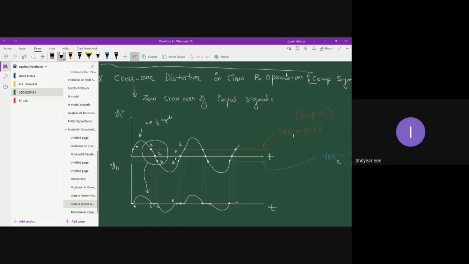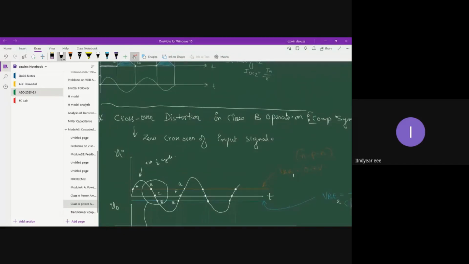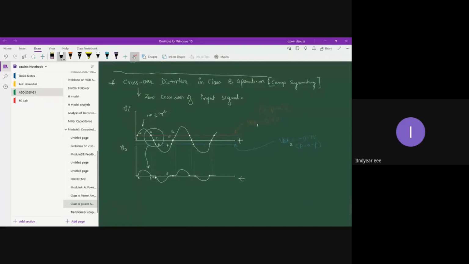So your actual output waveform will not be a pure sinusoidal waveform in case of class B complementary symmetry operation. Instead, it will have a distortion of this kind. Okay, and this distortion is called as crossover distortion. So this is one of the drawbacks of complementary symmetry class B power amplifier.